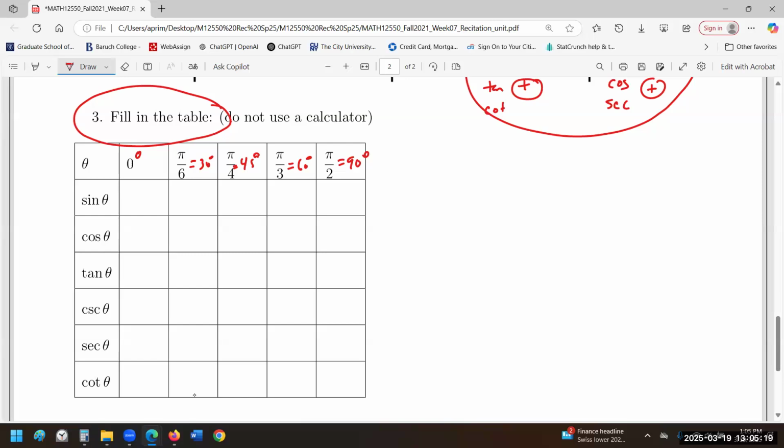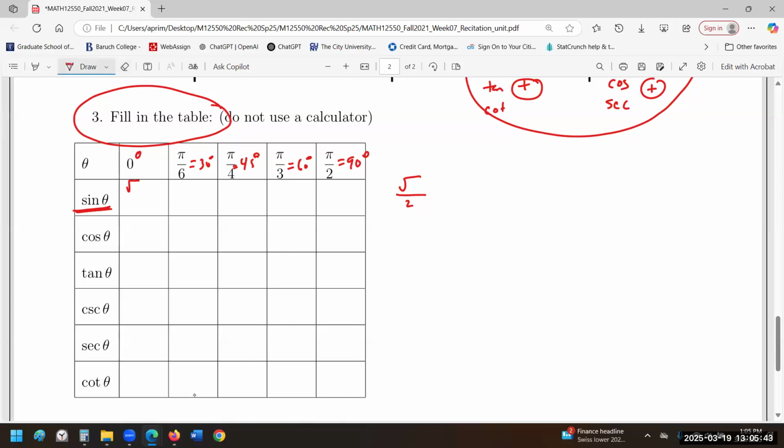Now, whatever trick we used on the unit circle, you can use the same trick here. First, we fill out the table for sine. Now what you do is you do square root of something over 2. So square root, oh my bad.